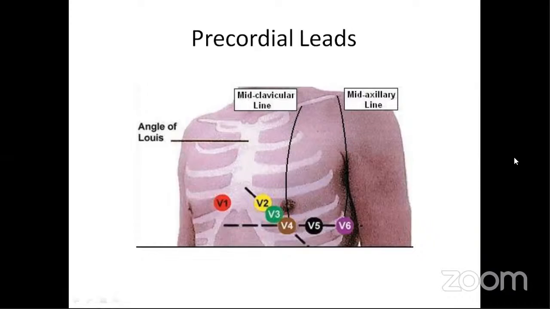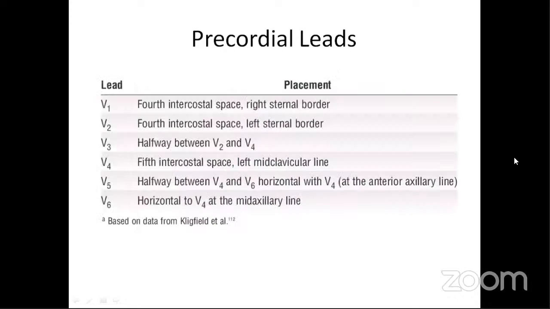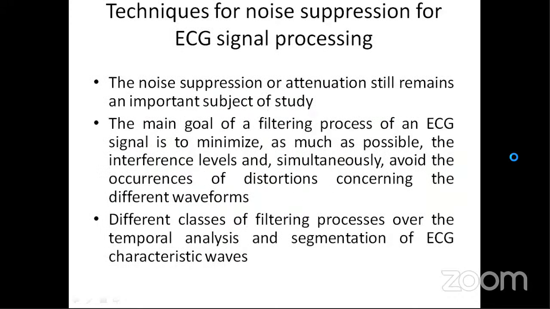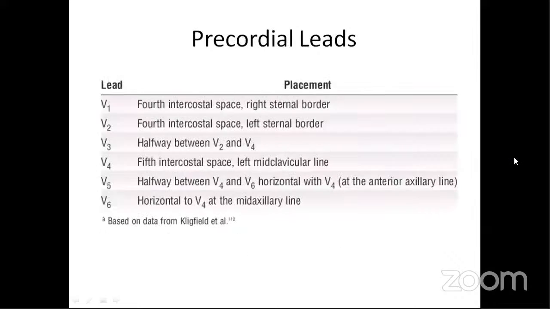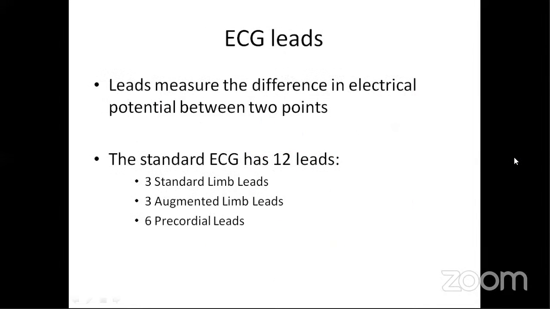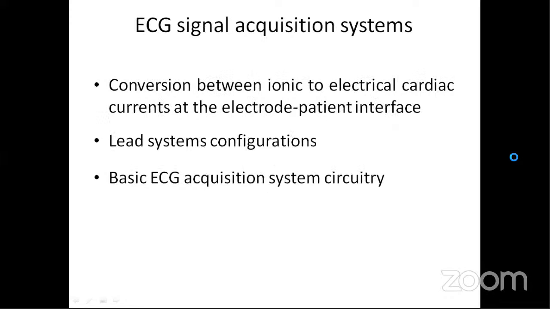So this is the position of the precordial leads, that is, the electrodes. Using this, the person gets the ECG waveform as a snapshot record with lead 1, lead 2, lead 3, AVR, AVL, AVF, and V1, V2, V3 up to V6.